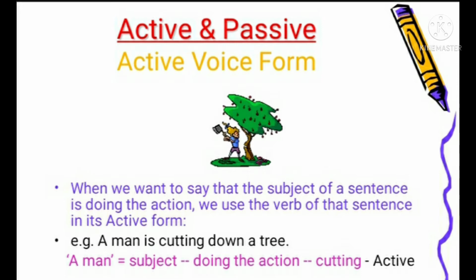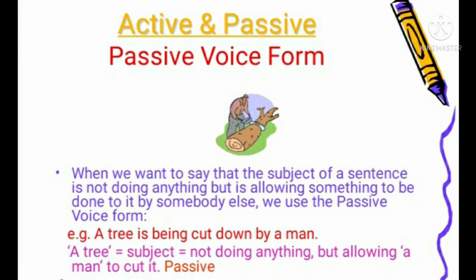Now when you write this sentence in the passive form, see how changes are made. When we want to say that the subject of a sentence is not doing anything but is allowing something to be done to it by somebody else, then we use the passive form. Example, a tree is being cut by a man.